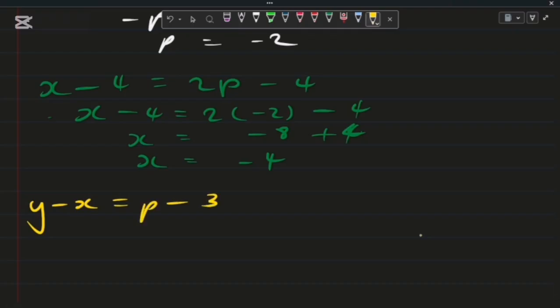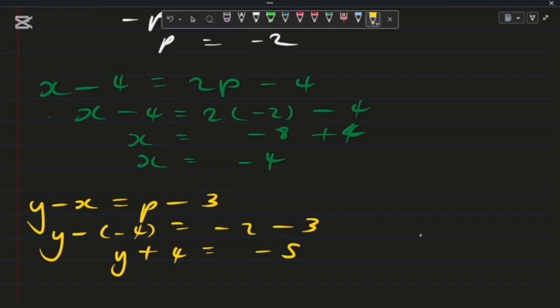Now we know the value of x, which is minus 4, and we know the value of p, which is minus 2. So y plus 4 is equal to minus 5, and then we see that y is minus 5 minus 4, which is minus 9. So the value of y is minus 9.